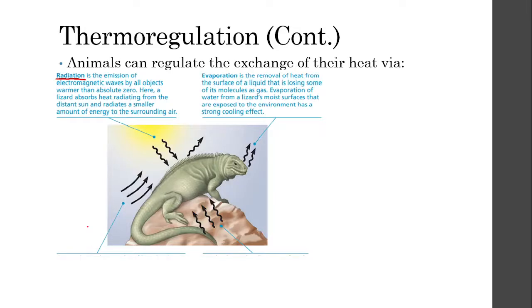Another is called evaporative cooling or evaporation. A lot of ectothermic animals, and even endothermic animals, can actually release heat from the body. When their body is too hot, they can release heat via evaporation. Let me explain why.